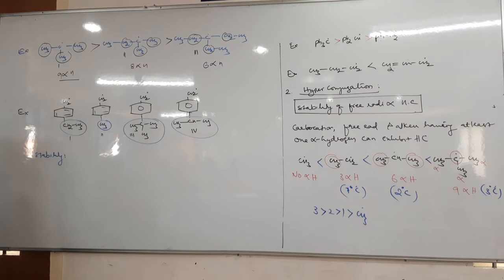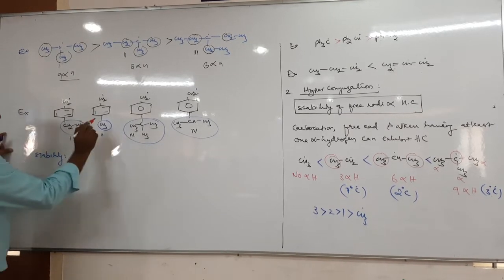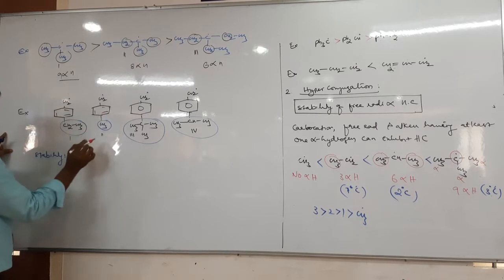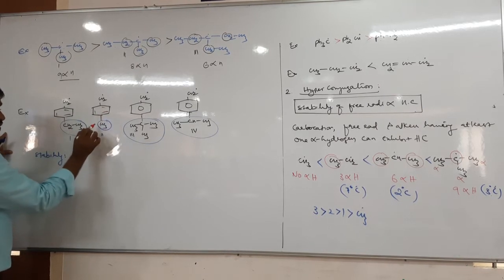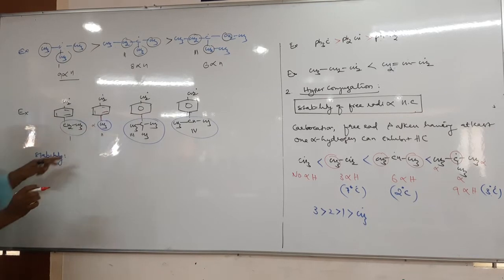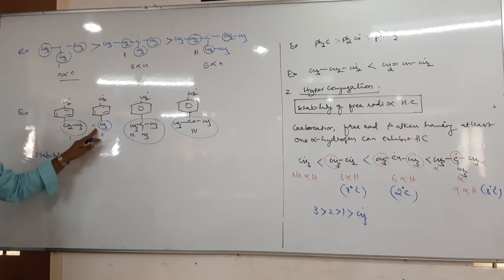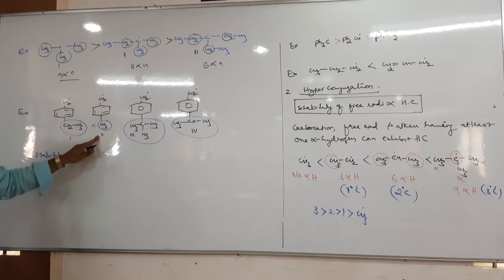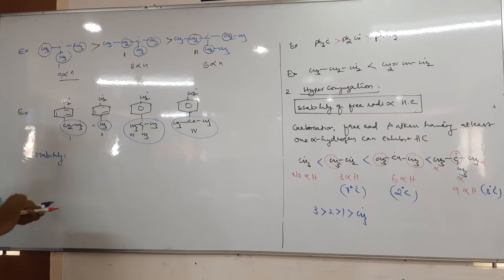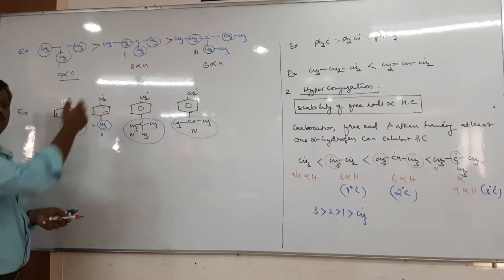Tertiary butyl group, because of hyperconjugation. The alkyl carbon attached to the radical carbon is called alpha. This alpha carbon has 3 hydrogens, so 3 hyperconjugations are possible, and therefore electron release is more.